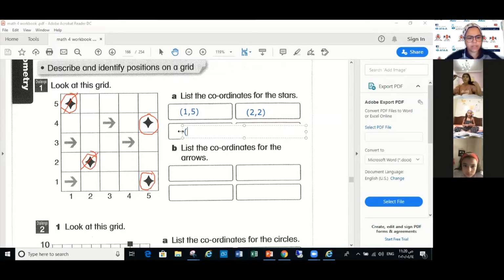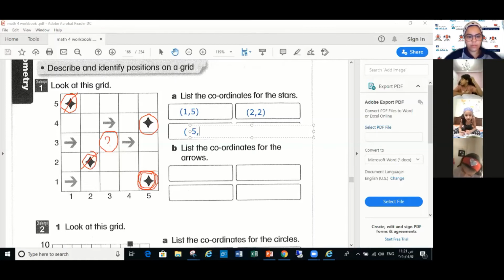Where is it? We have nothing here. You're talking about 3 and 3, but we have nothing here. We are talking about the stars. Can you see this star? Can you tell me the position of this one? 5.